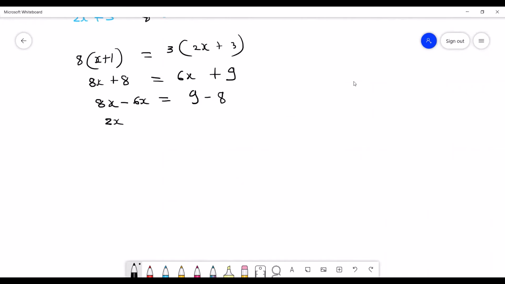So 2x is here, and 9 minus 8 is 1. You can either multiply with the inverse of 2, otherwise you can transpose the 2 to the right hand side. Here 2 is multiplied, so when it comes to right hand side, it will be division. So divide 1 by 2. Answer for x is 1 by 2.